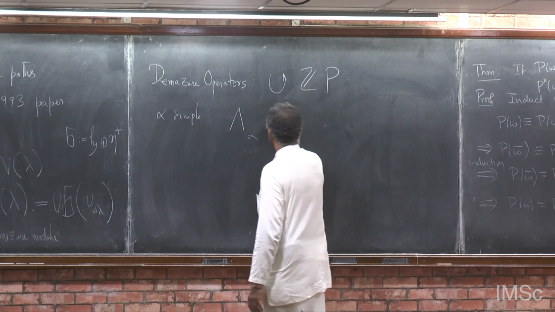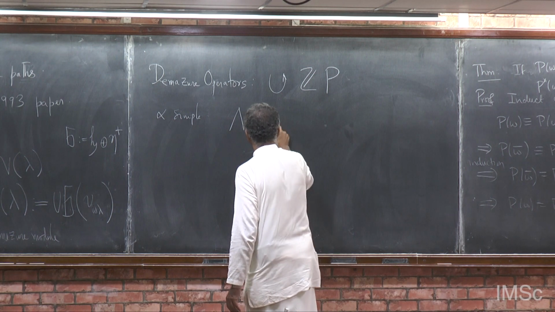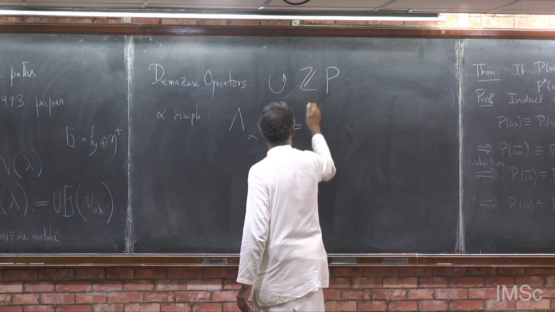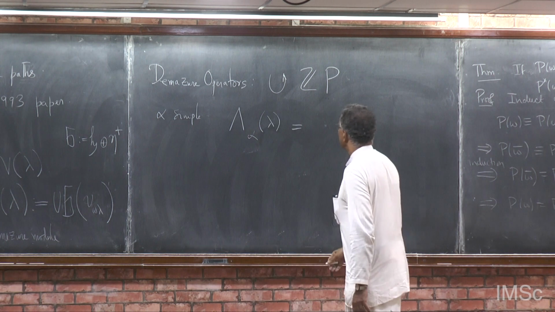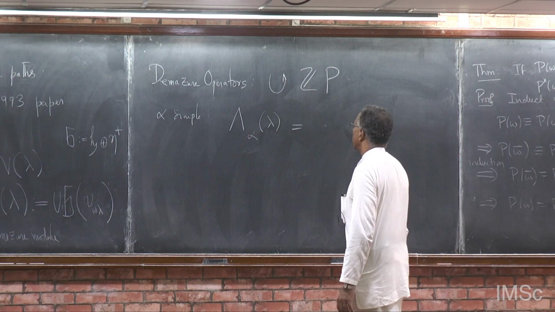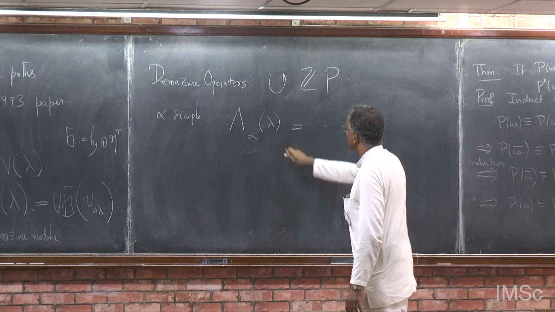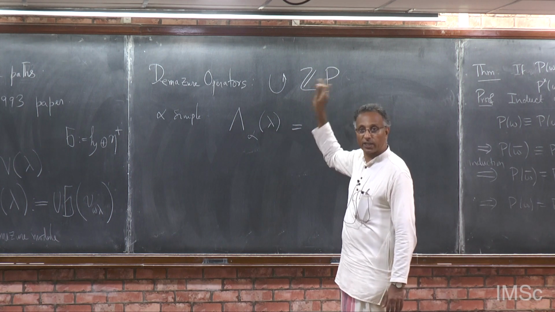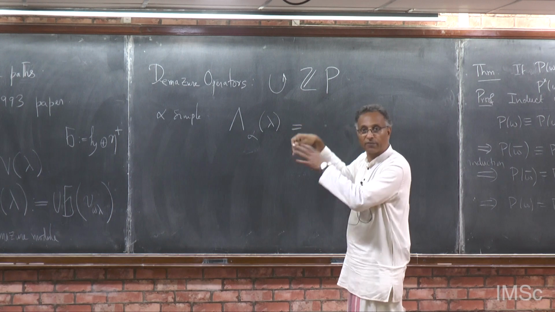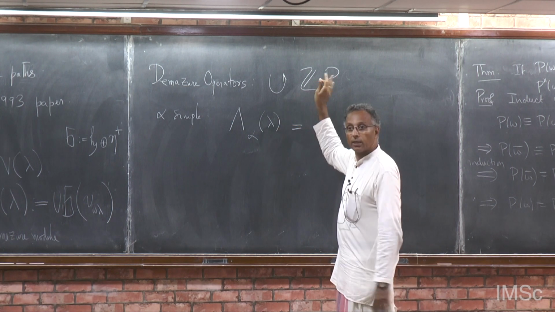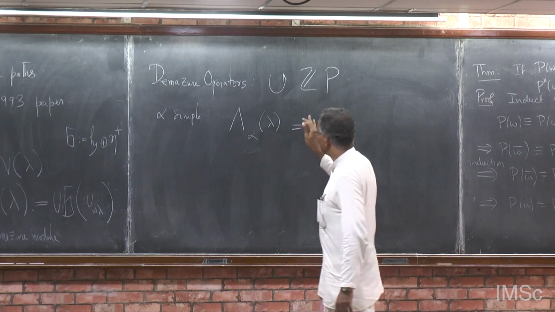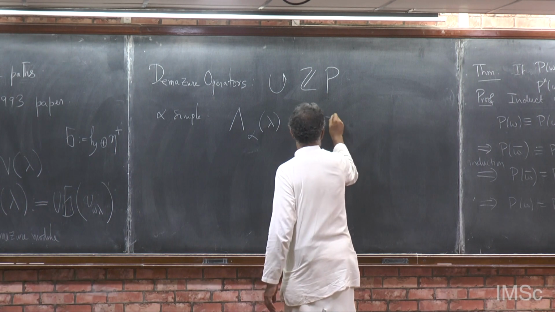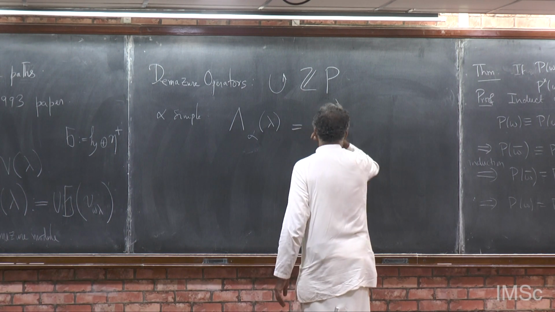So let's say on lambda, where now lambda belongs to this, or should I write e lambda here? But then I just said e to the lambda is how we think of it, so I'll go back and forth between these. When I write this, you make the necessary adjustments.